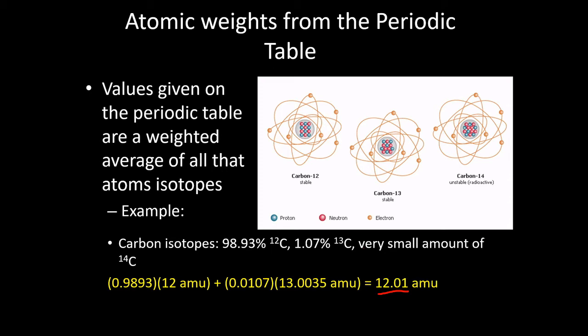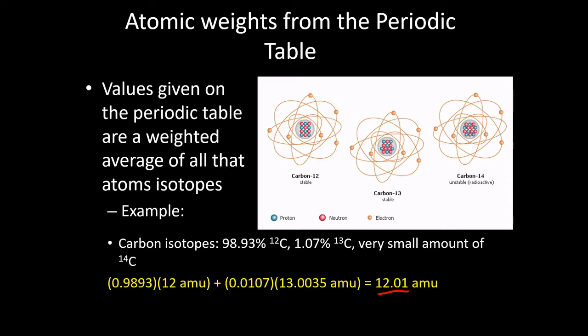There's not a single atom in existence of carbon that weighs that amount. Instead, what it's saying is if you were to go out into nature and take a big scoop of carbon, the average mass of one of those carbon atoms would be 12.01. So it's the weighted average. It's taking all of the atoms into account and saying, on average, this is what an atom of carbon weighs.